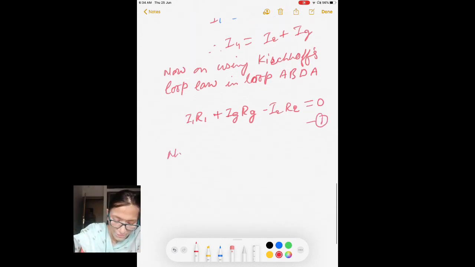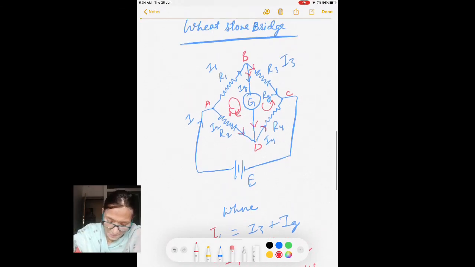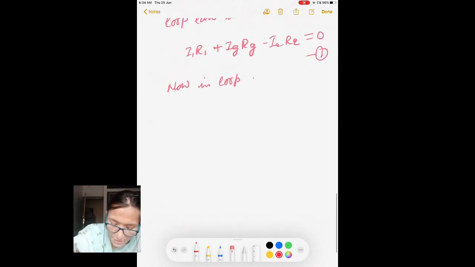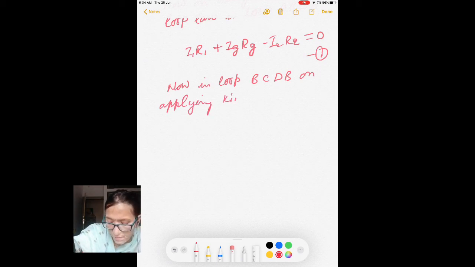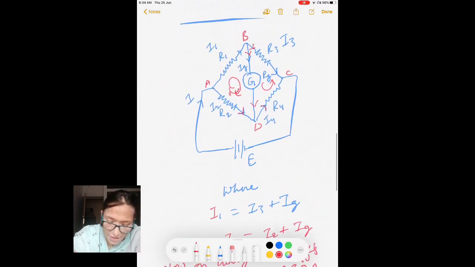Now in loop B, C, D, B, on applying Kirchhoff's law, here we have taken the order in this way. So all the potential drops in this way I am going to take positive.